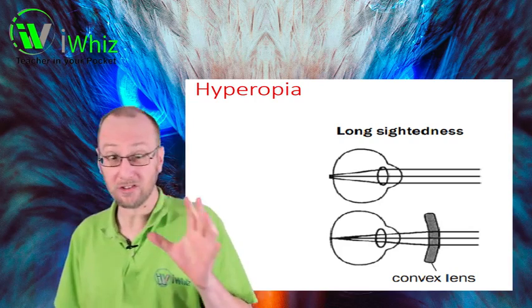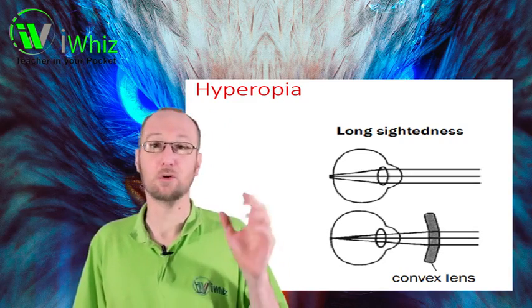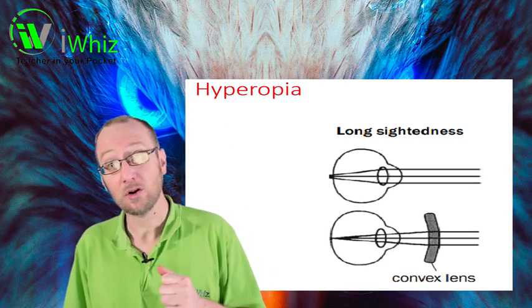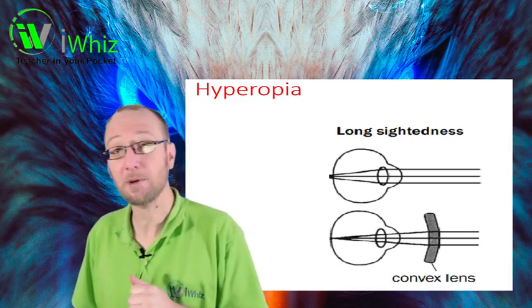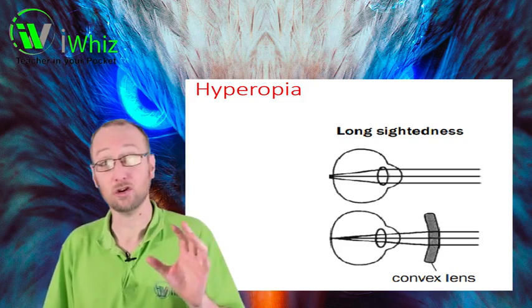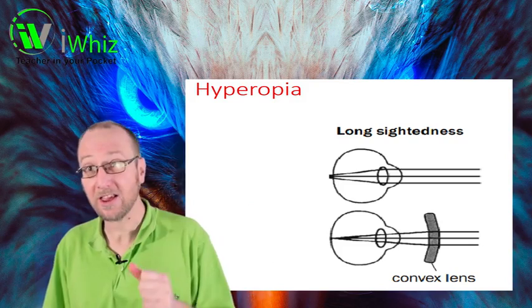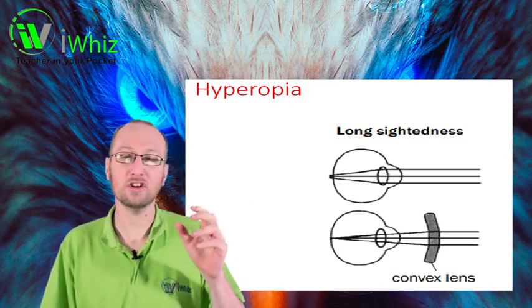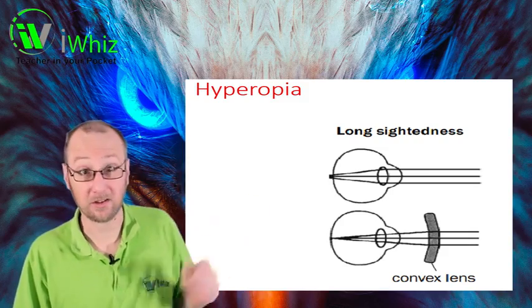Now, just like myopia, hyperopia is caused by the cornea being the wrong shape or by the eye itself being the wrong shape. And just like myopia, it can be treated using spectacles or glasses. In this case, however, it is treated not using concave lenses, but using convex lenses.